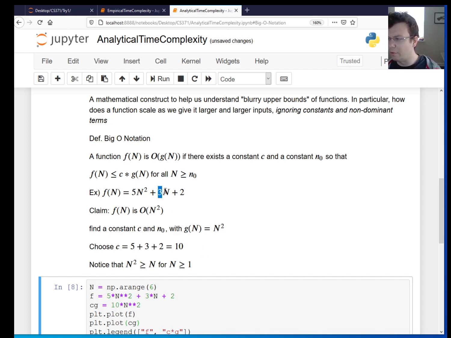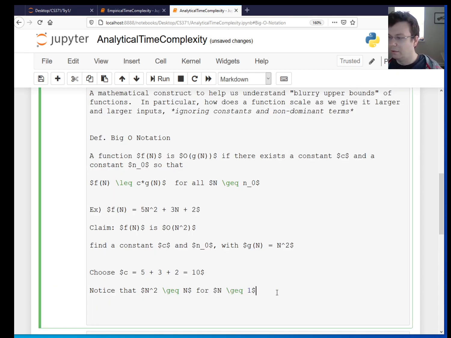So if I replace my 3 times n with 3 times n squared, first I'm establishing that 5n squared plus 3n squared plus 2 is certainly going to be greater than or equal to the original.